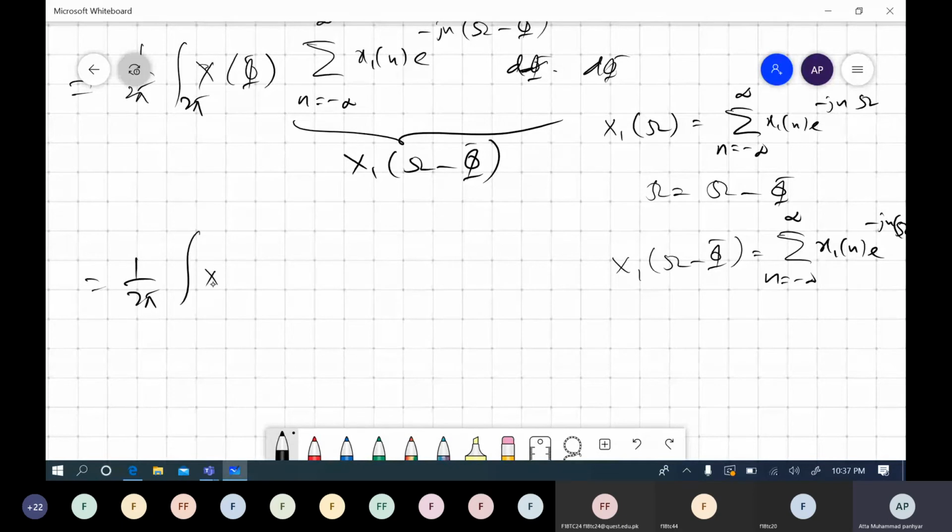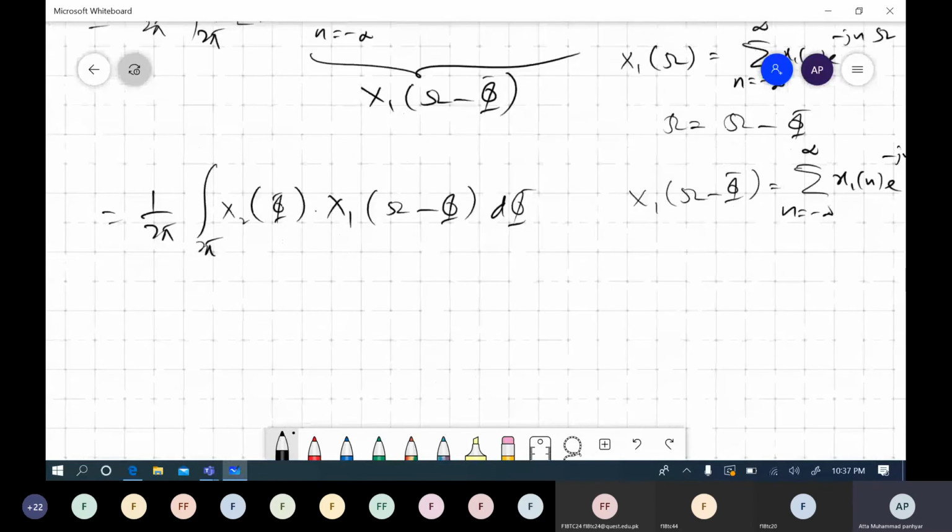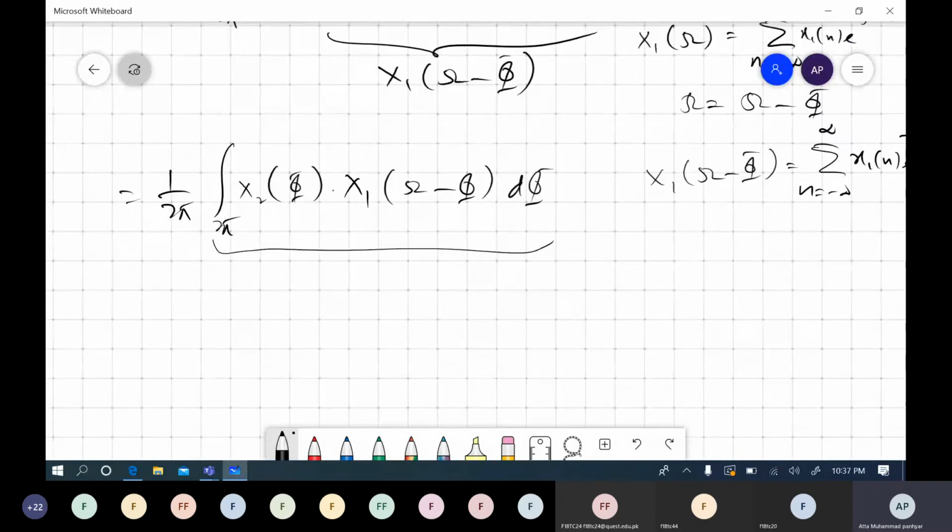integral of X2 of phi times X1 of omega minus phi d phi, right? So this integral is something similar.